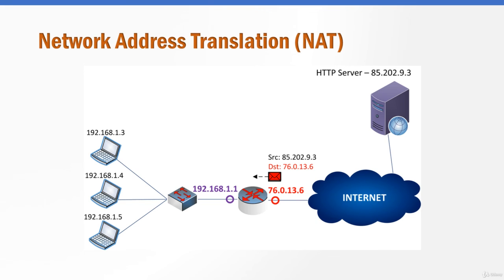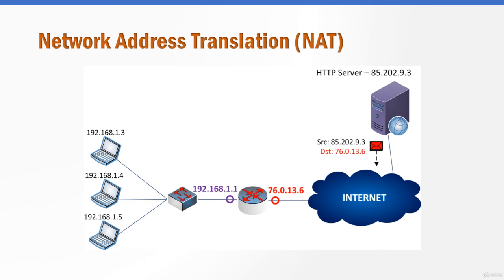So once that response reaches the public interface on the router, the IP parameters are still the same. It's only when the packet actually goes through the router that it's NATed back into the private IP address.